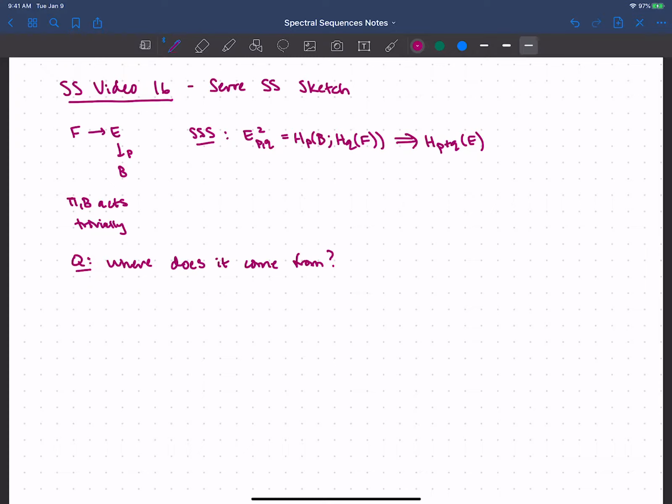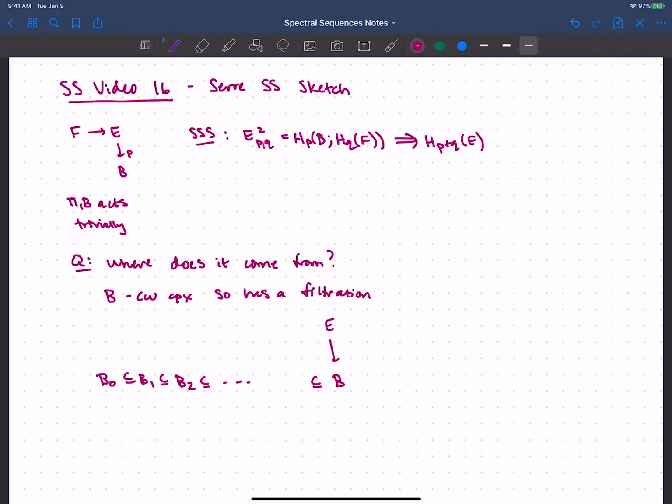Well, one way to get it is to say that B is a CW complex, and so it has a filtration. So I can start with B in the base and say that B0 sits inside B1, sits inside B2, and so on.